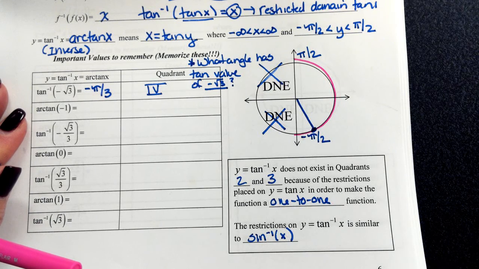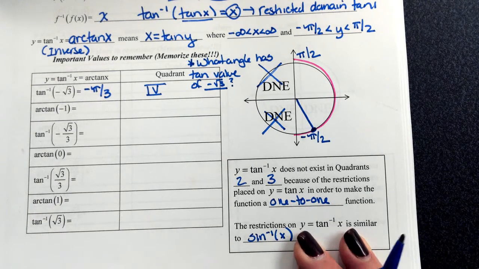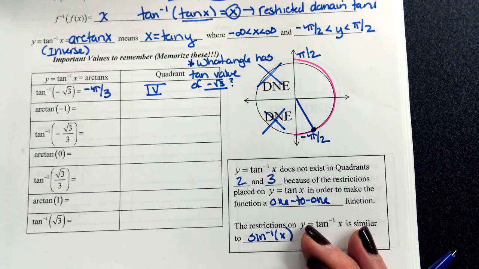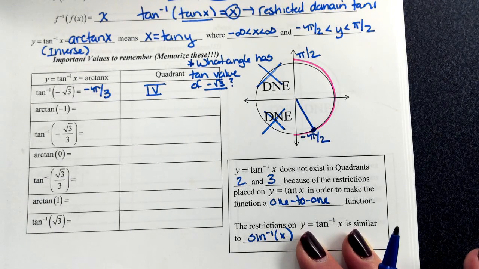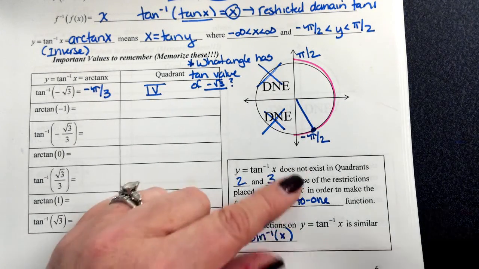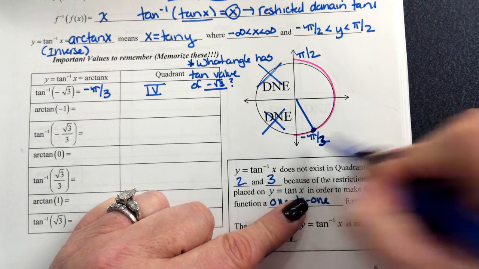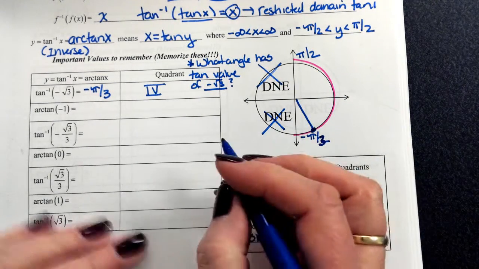I am not going to dispute that. But the inverse does not exist at 5 pi over 3, because remember, we had to force tangent to be one-to-one, and it's only one-to-one from negative pi over 2 to pi over 2. So here's your negative pi over 3. There's one of your answers.